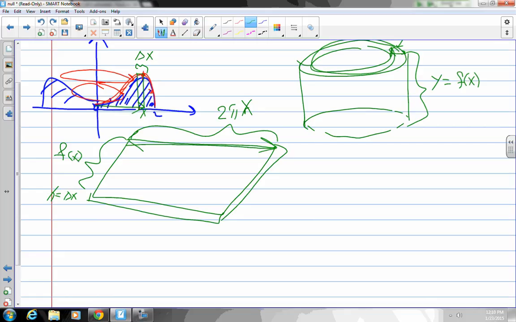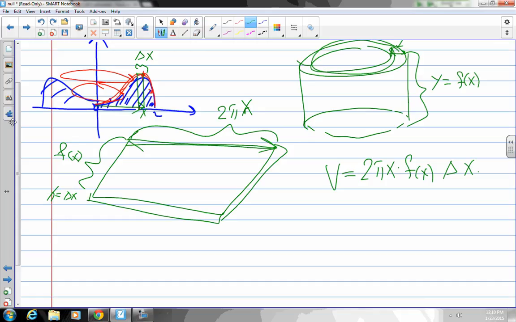So the volume of this thing is 2 pi x times f of x delta x. So it's x times a function times 2 pi dx.